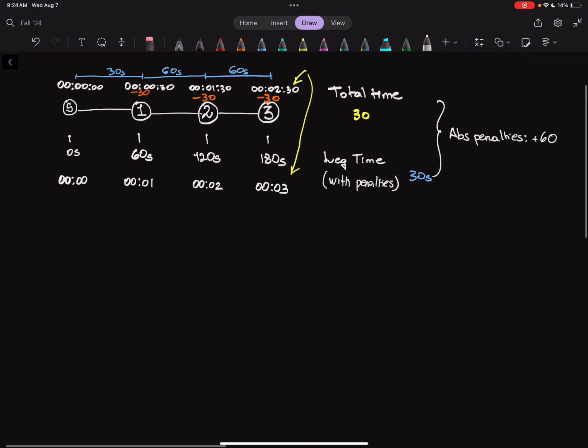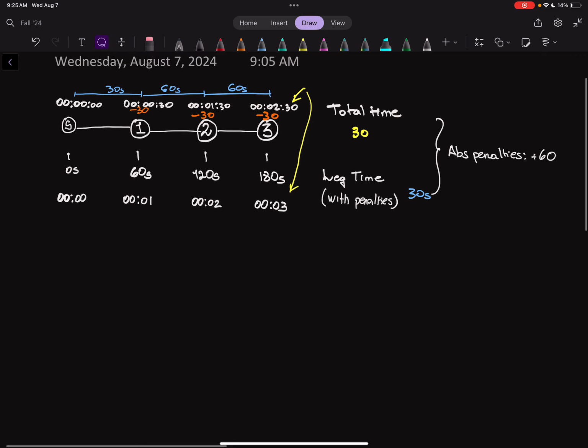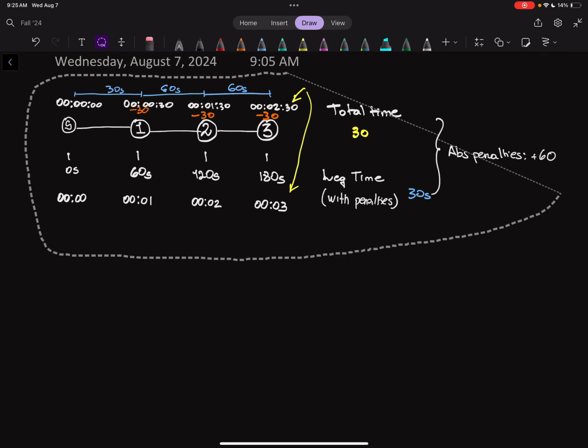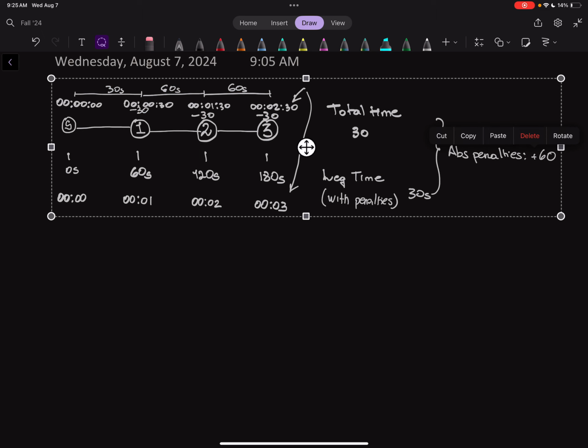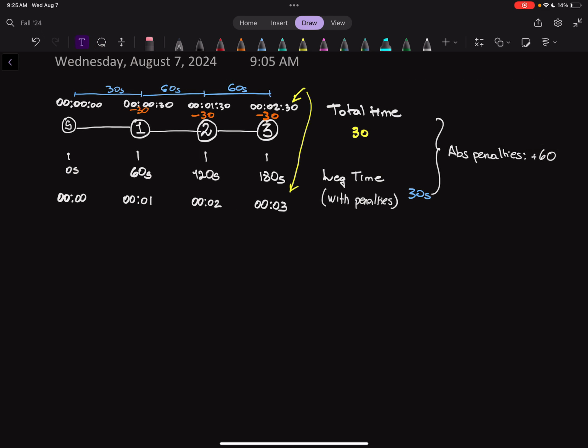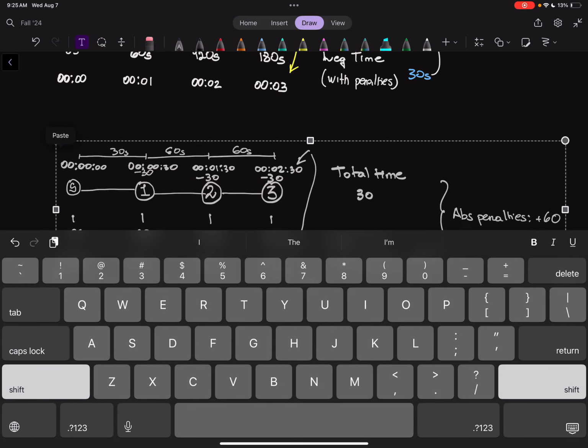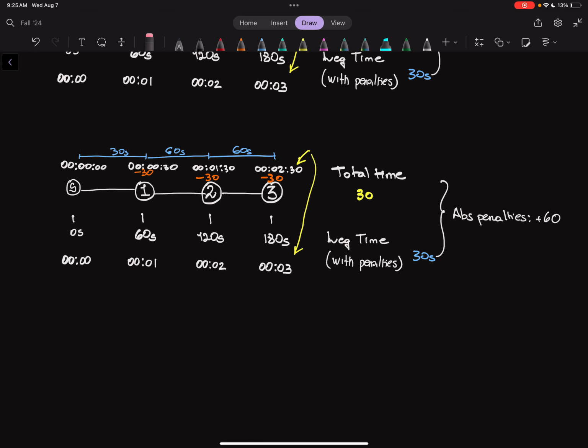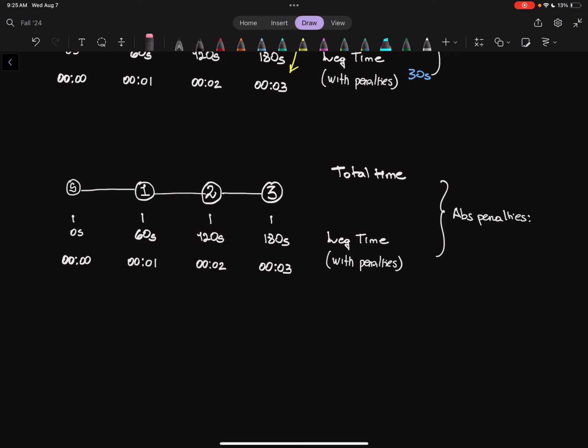Now, say we have a similar scenario, so I'm just going to copy this. Copy, paste. And let's build another scenario. So we still have the same nav, but now let's say we make other decisions.